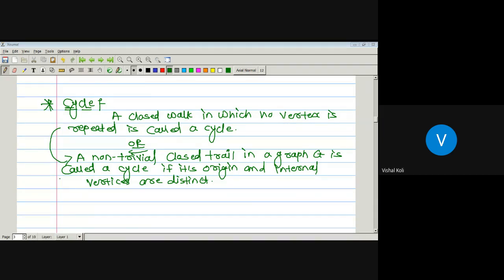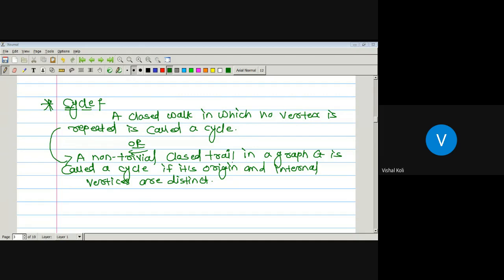What is a trail? A walk in which no edge is repeated. If there is only one vertex, then there is no meaning for repeated edges. So for that reason we have to take a non-trivial closed trail. A non-trivial closed trail has more than two vertices and is closed, meaning its end vertices are the same. A walk in a graph G is called a cycle if its origin and internal vertices are distinct.